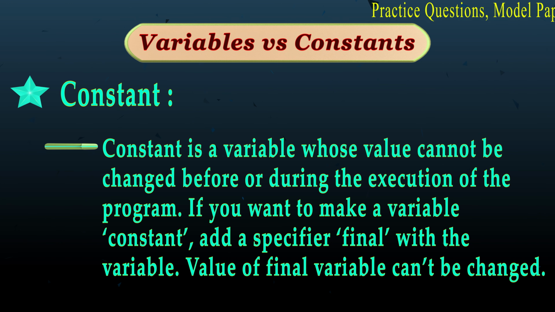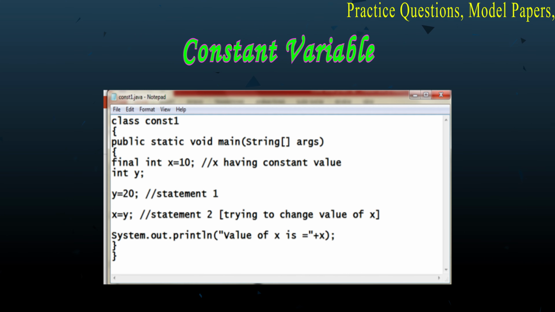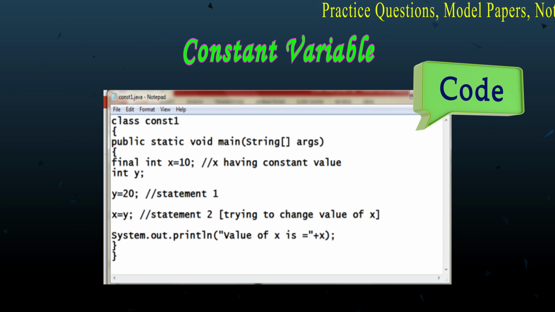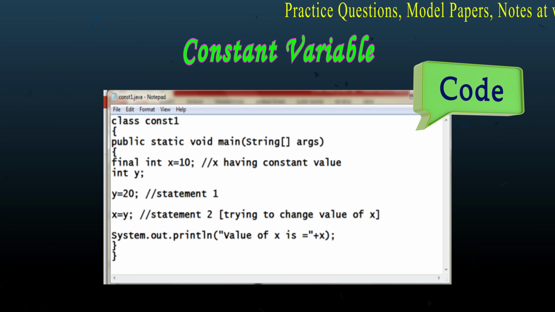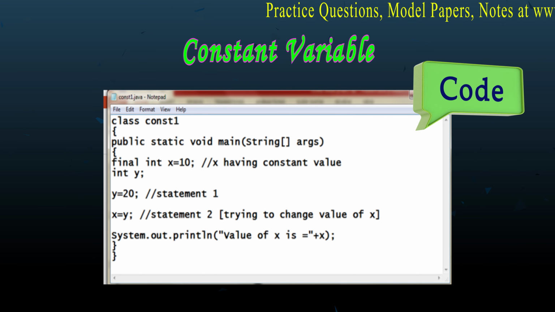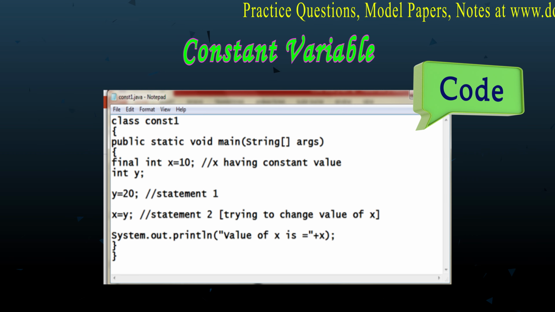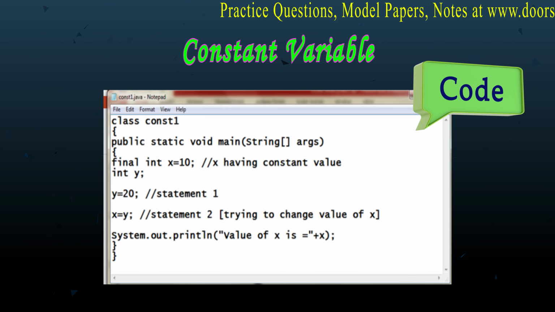Next we have one simple program in which we have taken one keyword, that is final, in the main function. As we can see, final int x is equal to 10. It will have the value 10. It means that x is a variable of type integer which has the value 10. Then we have another variable, y, of the same type integer.